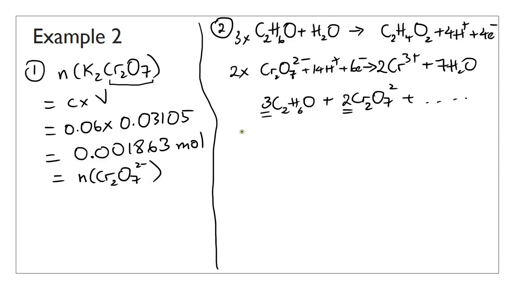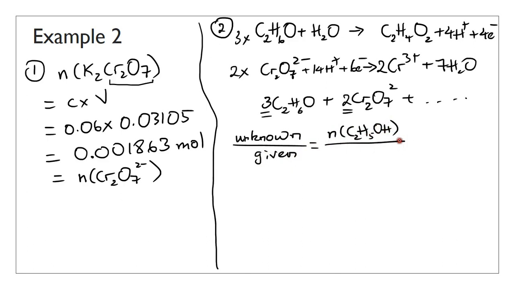So I'm going to go from here in order to find the number of mole of alcohol. The unknown in this case is going to be ethanol. So the number of mole of C2H5OH, let's write it that way just to make it easier to understand, over the number of mole of dichromate.